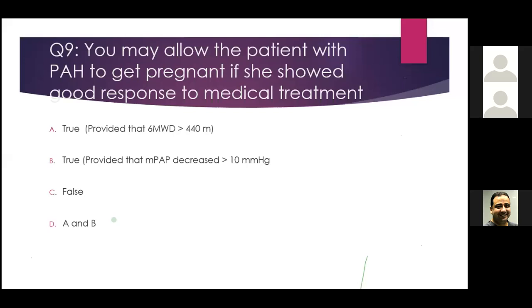This is the general measures for pulmonary arterial hypertension. The patient should have supervised exercise, and shouldn't have heavy exercise.